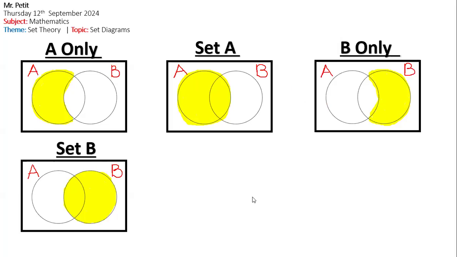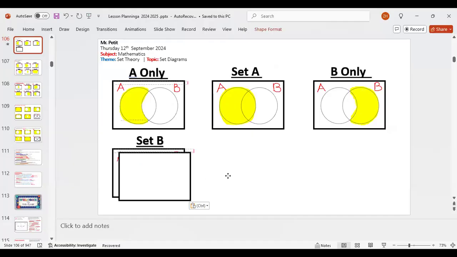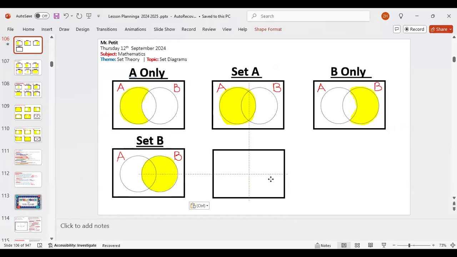All right, so let's change it up. Switch it up. Don't get bamboozled now. Let's make it a little interesting.